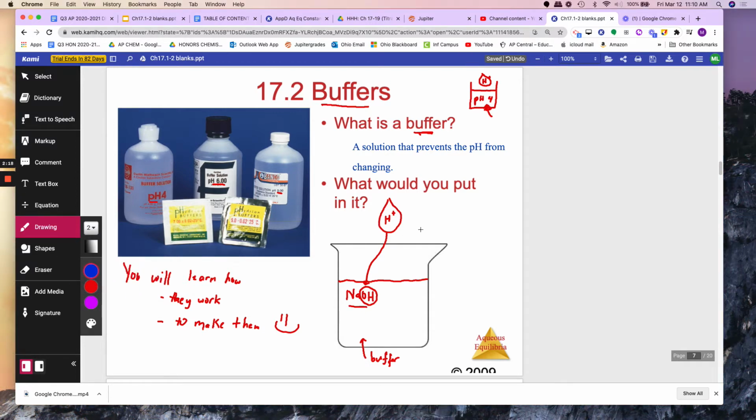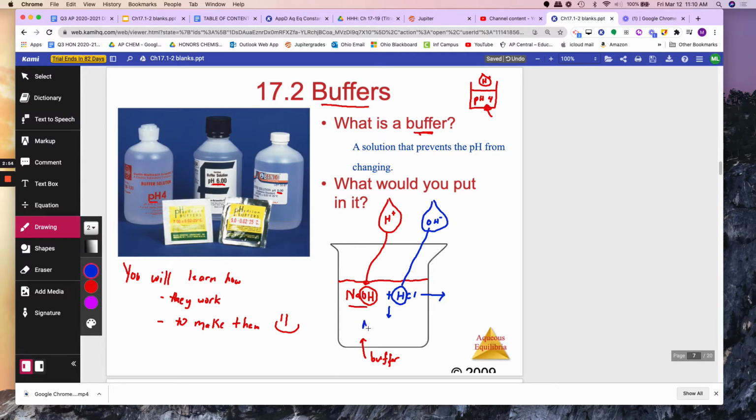What if you wanted to add some OH-? NaOH is not enough to be put in your beaker, right? What else would you put in it to react with the OH-? Sure, you can put some HCl in there, and the OH- will bond with the H+ and make water, so you didn't change the pH. But the problem here is when you mix these together, before you've added anything, these two will neutralize each other first.